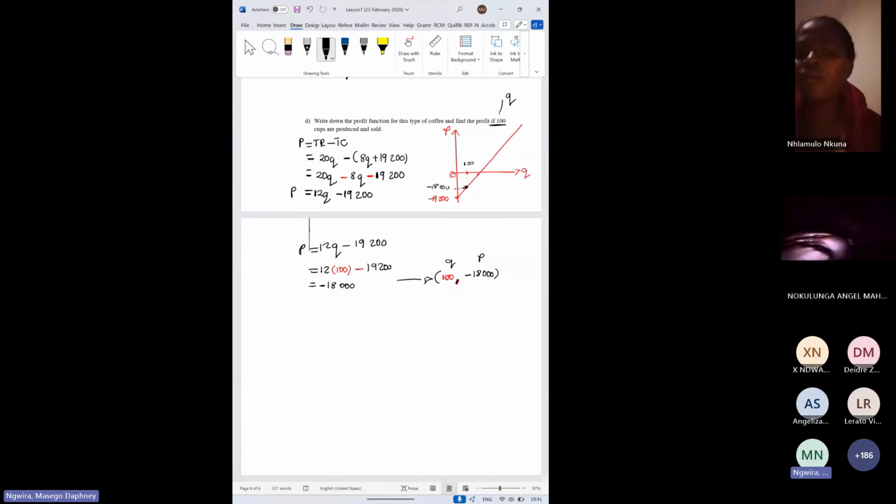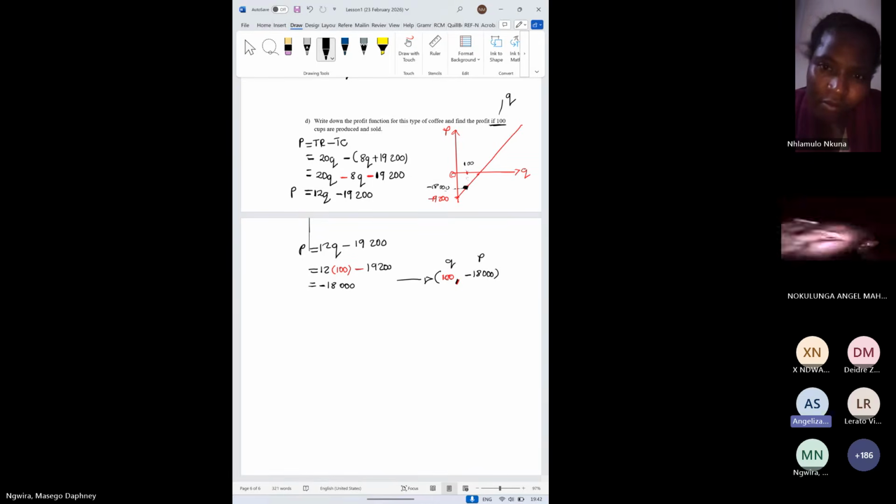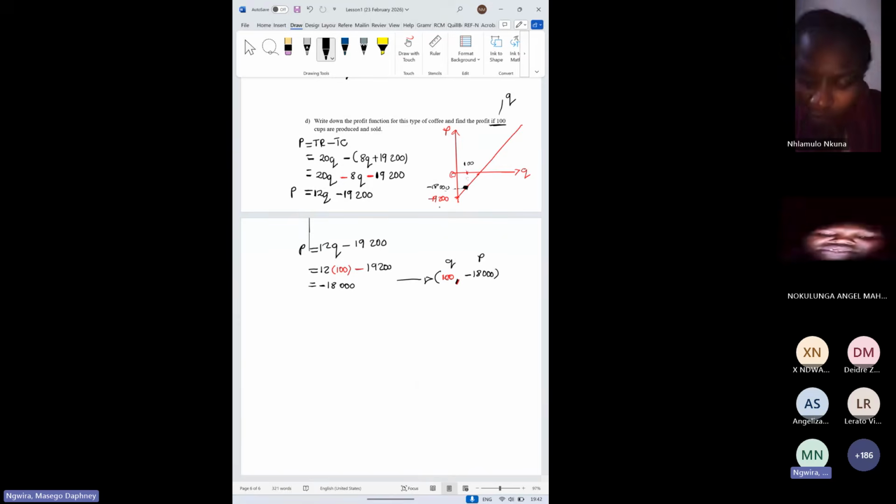So if I was to plot this point on my graph, remember the graph is a straight line. It means that if on my graph this is 100, then my answer will be negative 18. If this is negative 18, then I will produce 100 cups of coffee. So this part of the graph, it's a loss. So we don't make profit. Makes sense. Thank you.